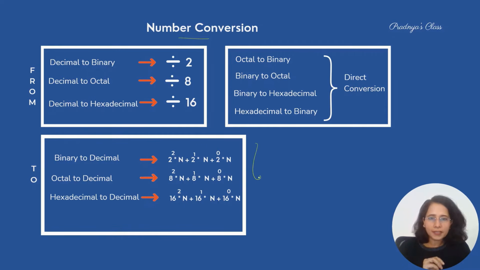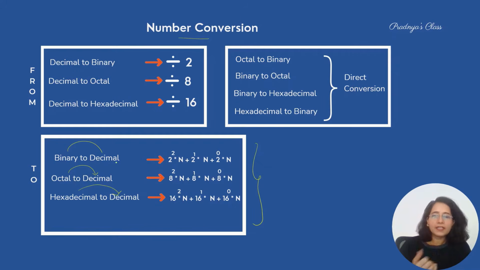Look at this set. What it says, we have to convert binary number to decimal, octal number to decimal, and hexadecimal to decimal. These all conversions we have studied just now when we were discussing the different number systems, right? What we were doing in those conversions, we were finding out the positional value or the weight and multiplying it to the respective digits and adding it up.